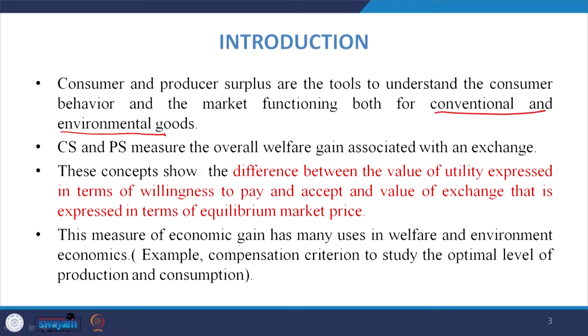For example, compensation criteria to study the optimum level of production and consumption. When we apply this in environmental economics, we know that when certain kinds of goods are produced, they also produce pollution, and when pollution is consumed by society, the welfare of the consumer is degraded.